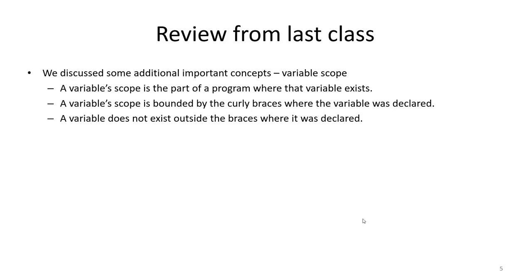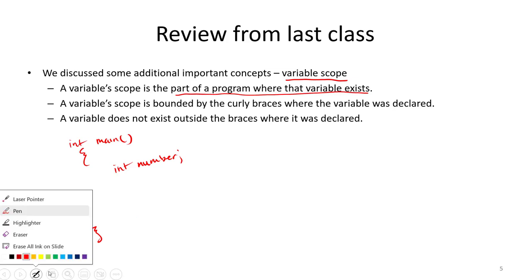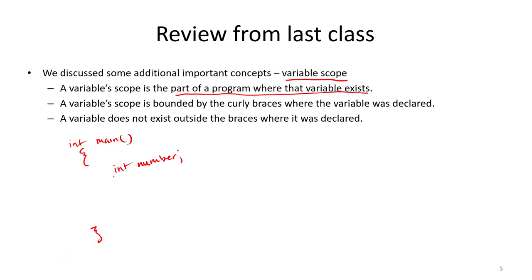Remember, last time we also covered variable scope. And here, when we say scope, we are referring to the part of a program where a variable exists. And remember, we learned that if we declare a variable inside some curly braces, the scope of that variable is basically the point at which it's declared to the end of the curly braces.